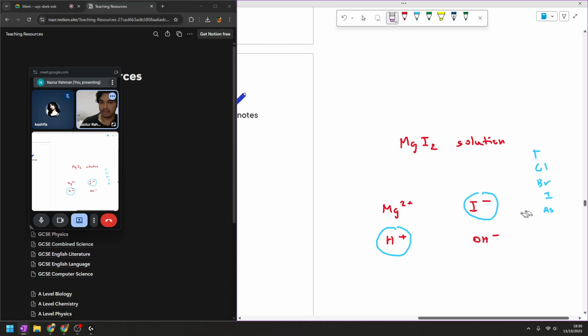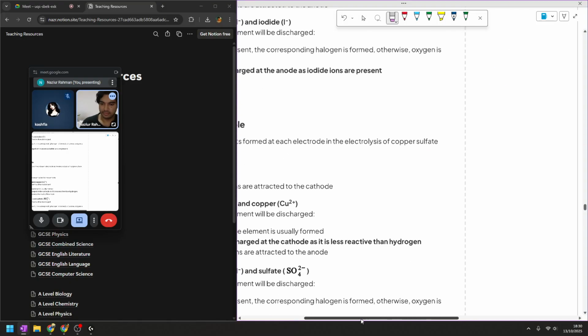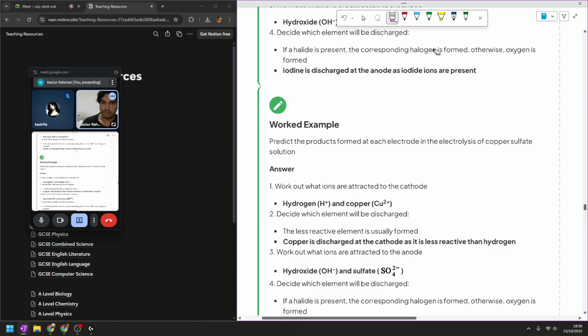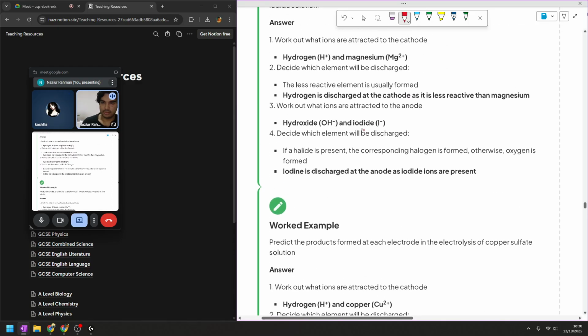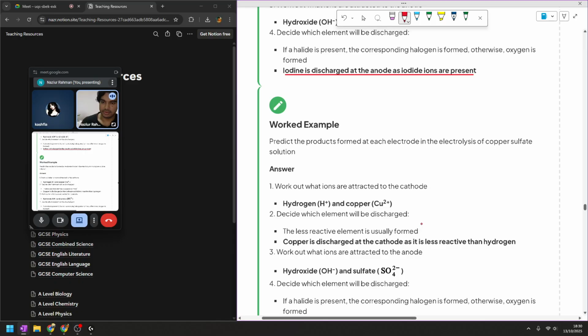So in this example, the hydrogen gets reduced and the iodide gets oxidized. Hydrogen is discharged at the cathode as it's less reactive than magnesium, and iodine is discharged at the anode as iodide ions are present. So anytime a halide is present, the corresponding halogen is formed. Otherwise, oxygen is formed, because the hydroxide gets oxidized.